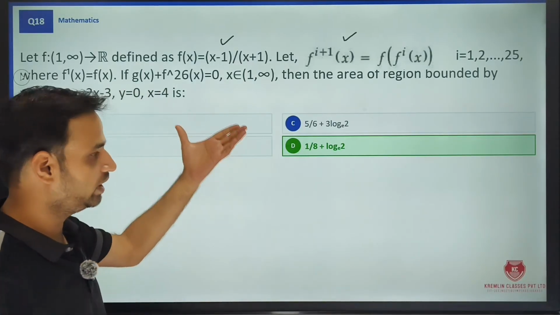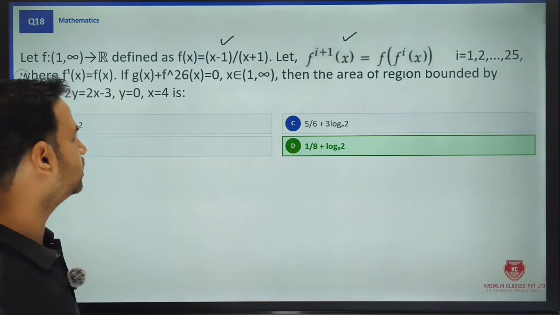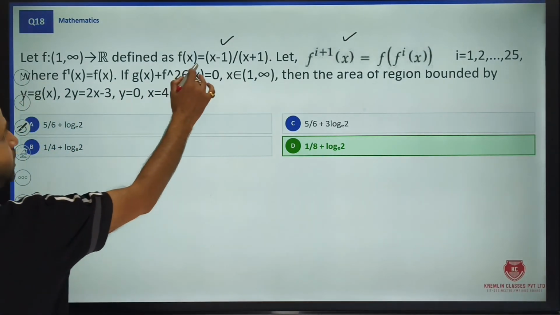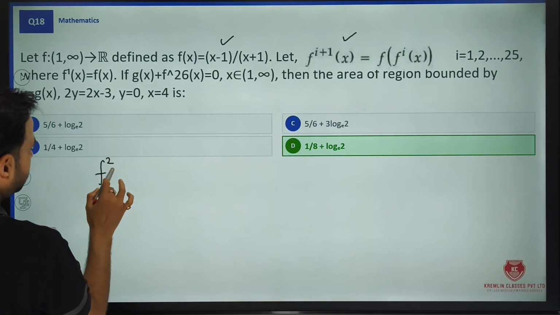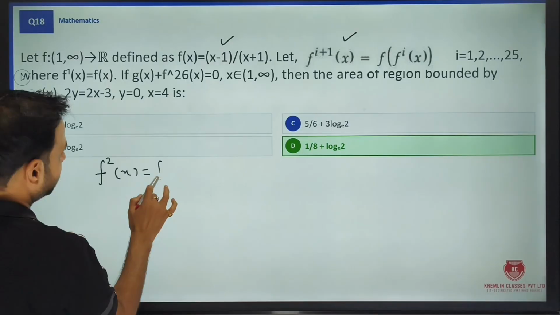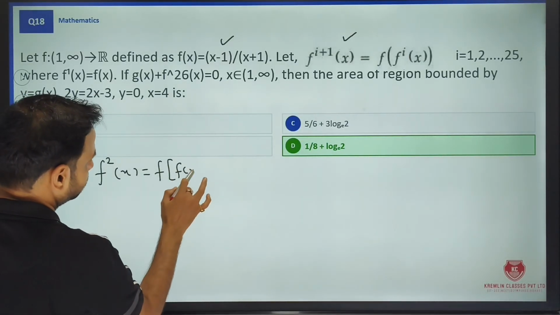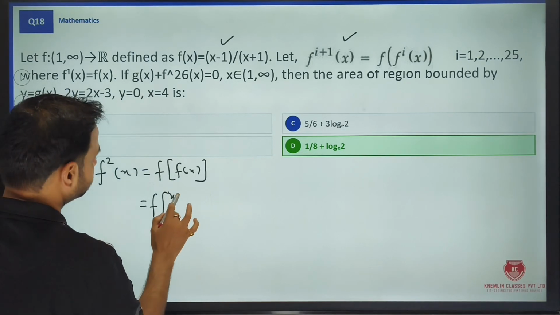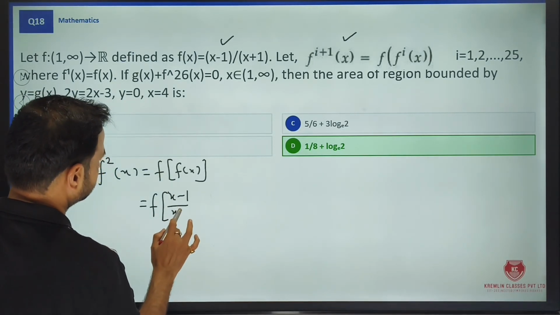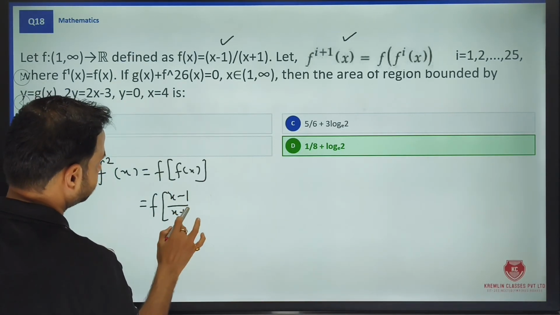This is again a lengthy question, not a difficult one. So let us solve. f(x) is given by this. When we put i equal to 1, we will find out f2(x). f(x) is given by x minus 1 upon x plus 1.